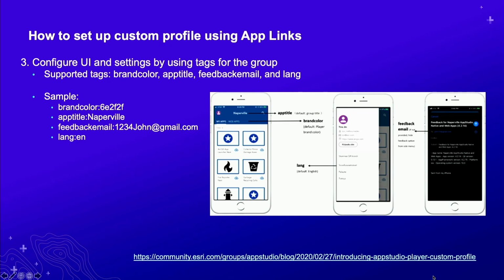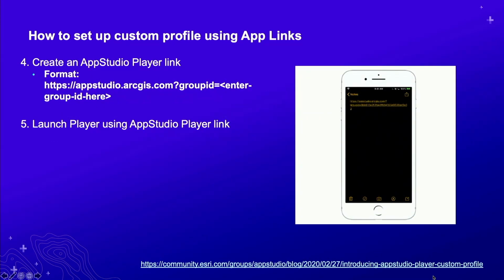We set the language to English, for example. After that, we need to create an AppStudio Player link with the format https://appstudio.arcgis.com with the parameter groupID, and then you put the group ID at the end. Then you launch AppStudio Player using AppLink. I have a demo for this.